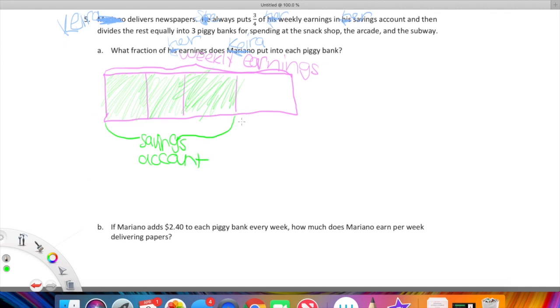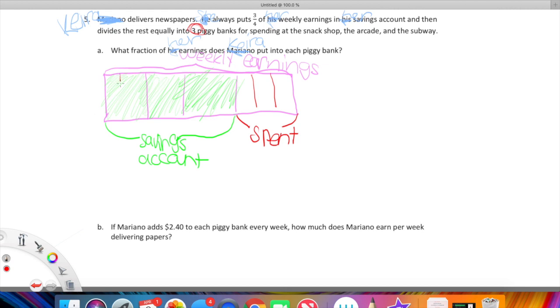This part is what she spent. So, basically, we have to divide this into 3 parts because she spent on 3 piggy banks.